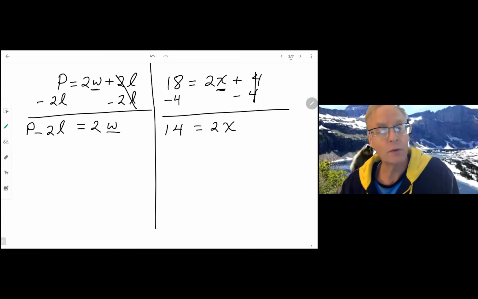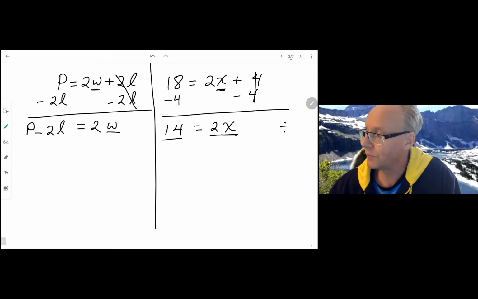Now I still want to get w by itself, just like I wanted to get x by itself over here. I've noticed a few people writing the division sign like this. In algebra, that's really a bad idea. It tends to get really confusing and kind of clunky. So I prefer to use the division line like this. I'm going to divide both sides by 2.